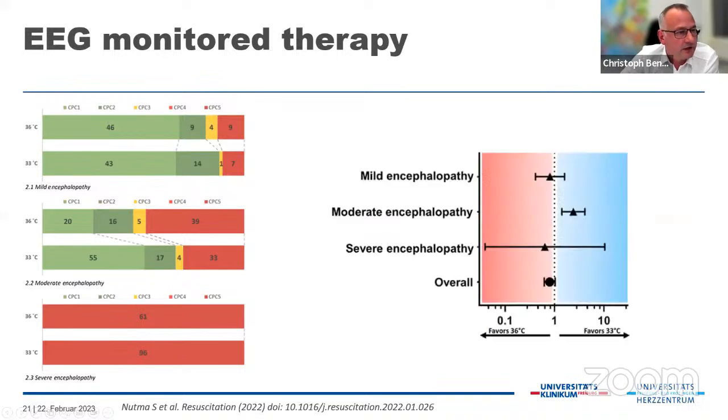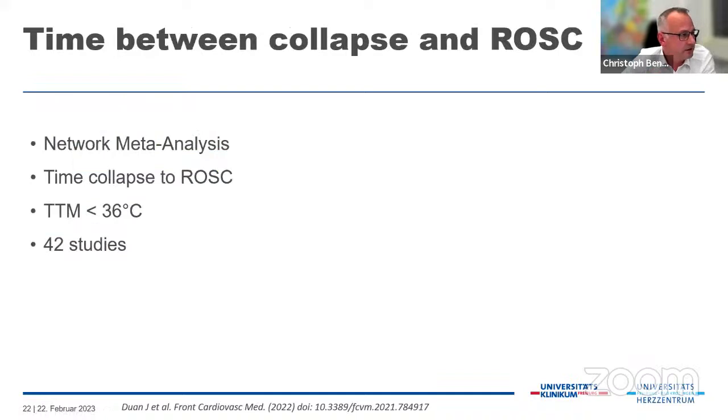But if we look at the moderate encephalopathy, you can see a statistically significant better result in the hypothermia group.